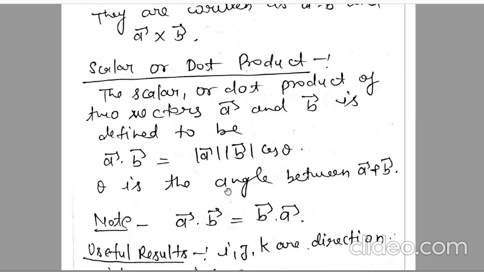So cos theta will be a vector dot b vector divided by modulus of a vector into modulus of b vector. Theta is the angle between a vector and b vector, and this is your note. This is very important: a vector dot b vector is always equal to b vector dot a vector. Both quantities are equal here.